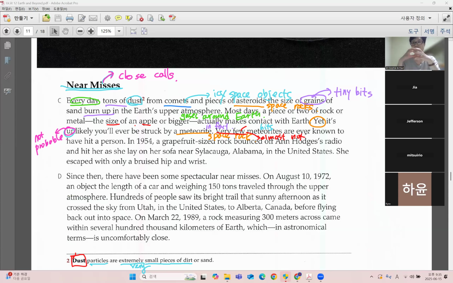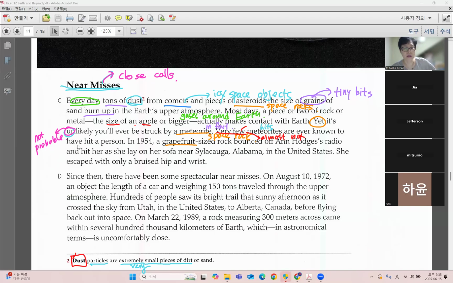Do you know grapefruit is bigger than orange? Grapefruit, 자몽. Size rock bounced off onto what is it? Hodge's radio. And here, size, what is a rock? This is not apple size. It's bigger than an apple. Grapefruit size rock bounced off.